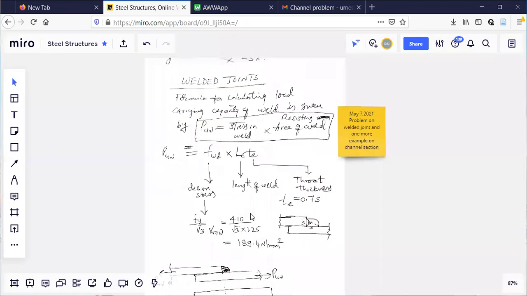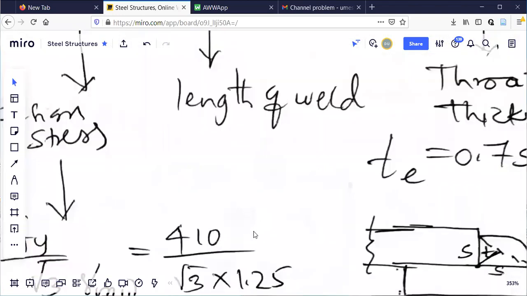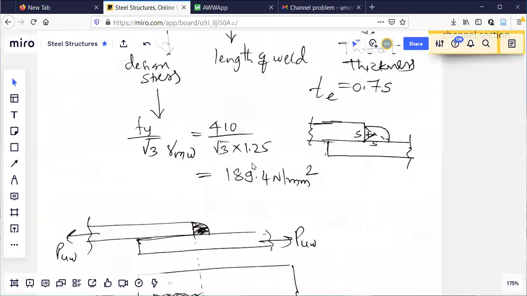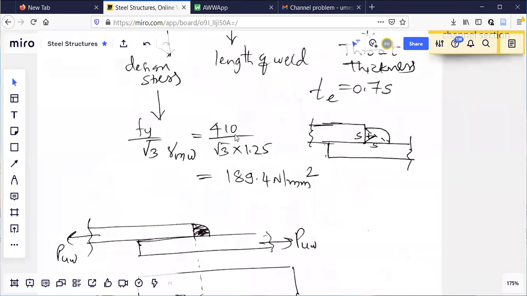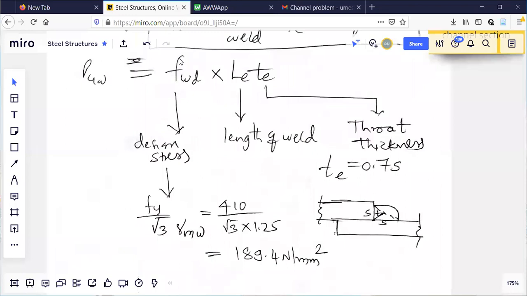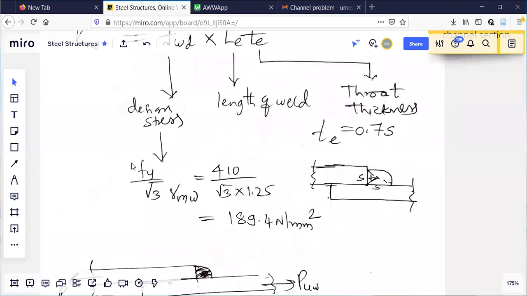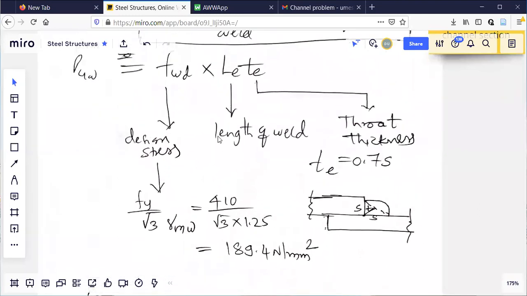When I write 1.25 here, it means I have assumed the welding is carried out in the shop. So F_WD is 189.4 for the given values, assuming the welding is done in the shop.